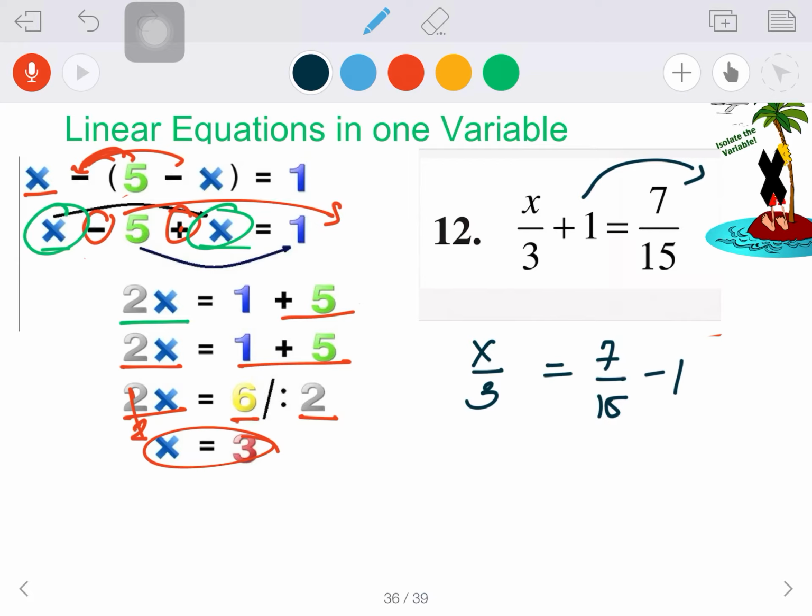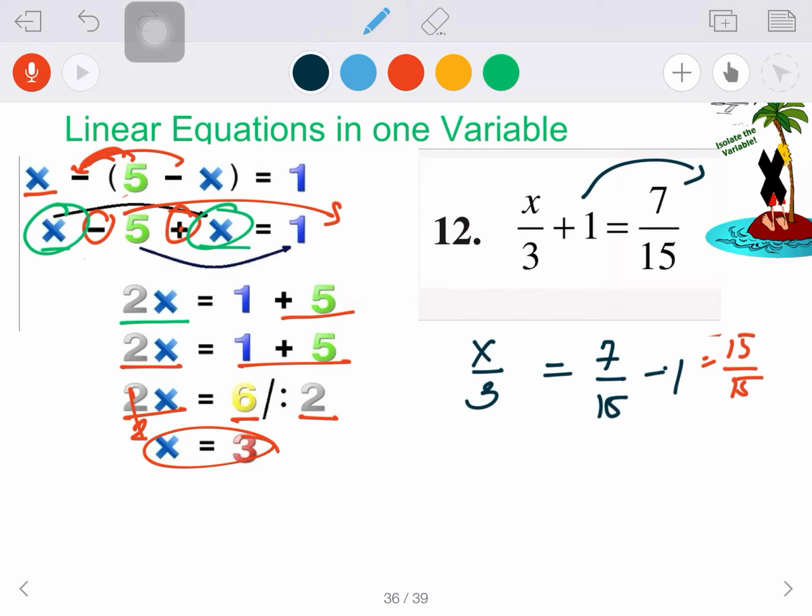Now take note that if it's a fraction, you have to use your LCD in order to solve this. So 1, if we're going to make it a fraction with the same denominator as 7 over 15, will simply be equal to 15 over 15.